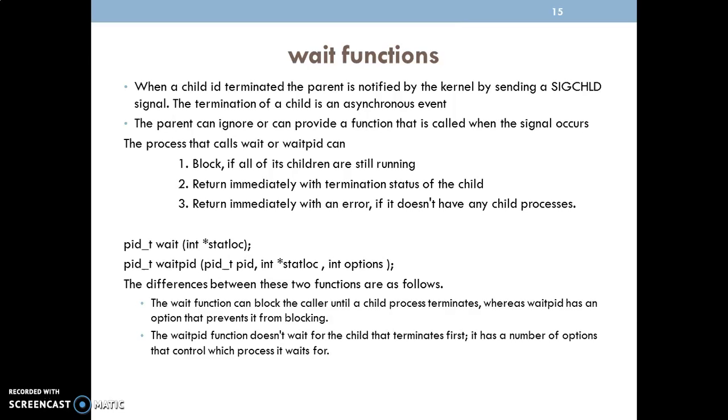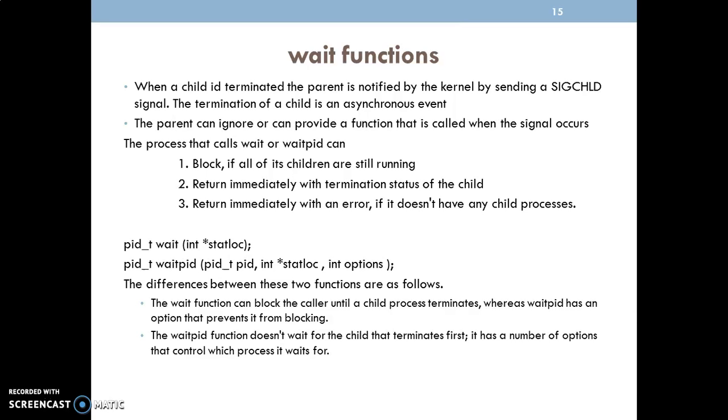Third, return immediately with an error. In that case it does not have any child process, but the parent process is still waiting for the child termination status, so it returns immediately with an error status. So we usually use these two APIs, wait and waitpid. We'll see the difference here.